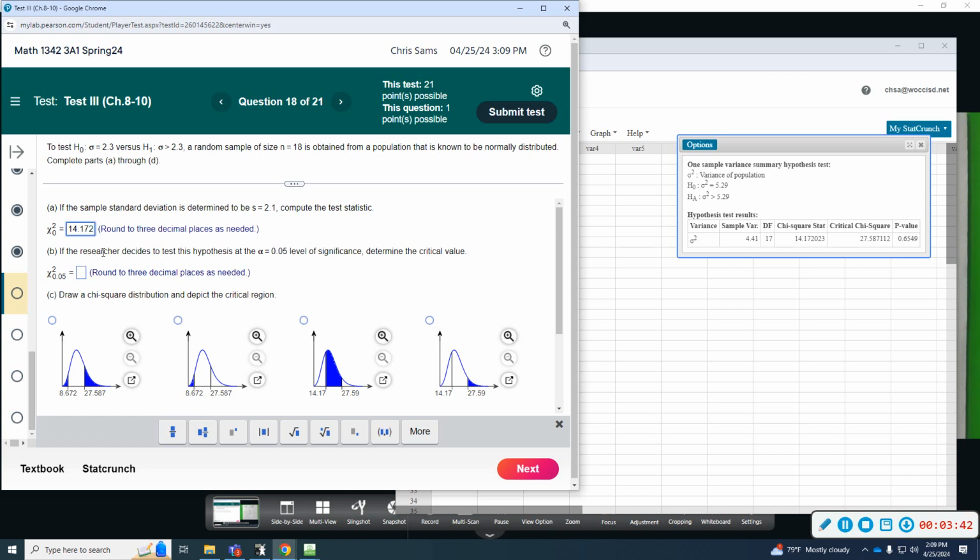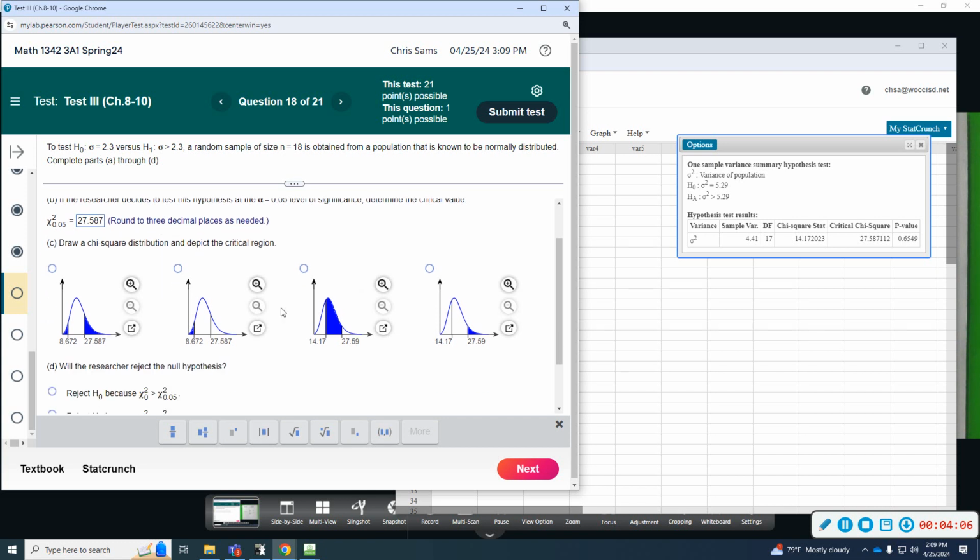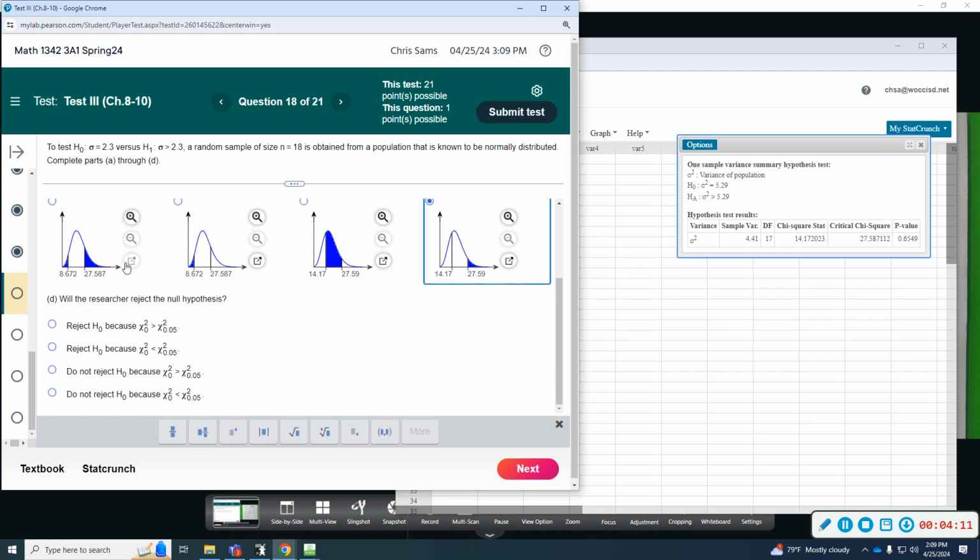All right, the critical value, the critical chi-square, is 27.587. So this is a right tail test, which means we're looking at this scenario here. Will the researcher reject the null?